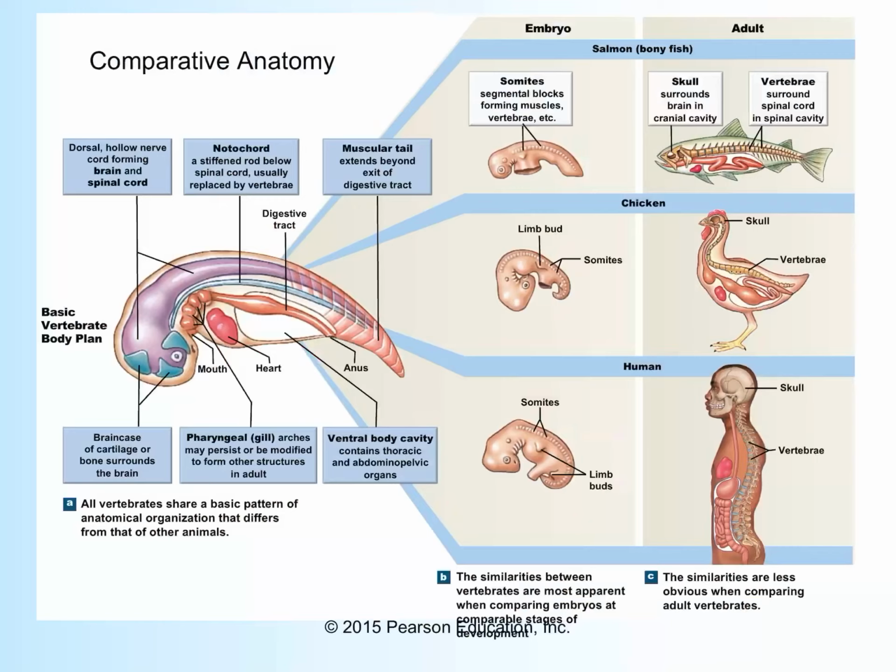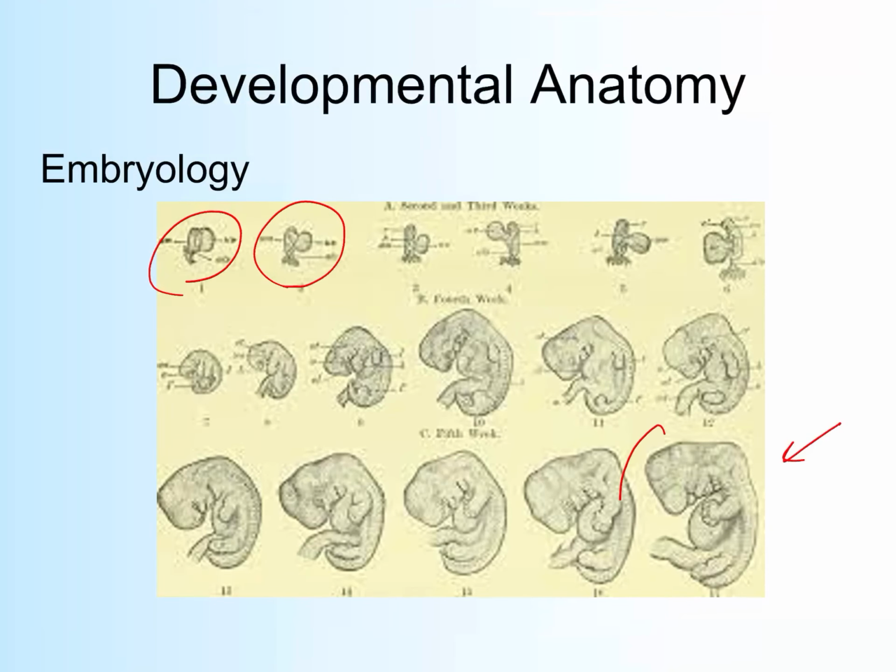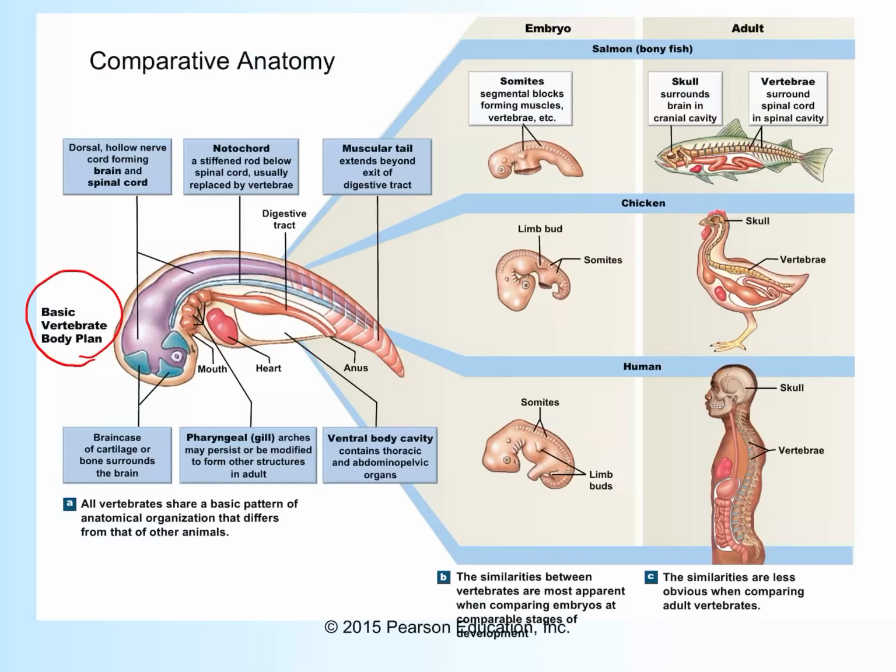This is comparative anatomy. Comparative anatomy is going to compare one organism with another or several organisms together. So you have here a basic vertebrate body plan. If you look at this picture here, it's this guy here. We all are vertebrates, so all the organisms that have a backbone, which is what the word vertebrate means, will develop in a very similar fashion as an embryo.